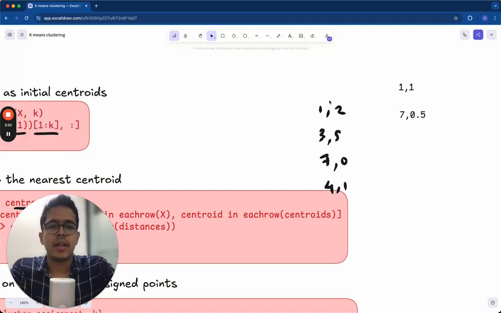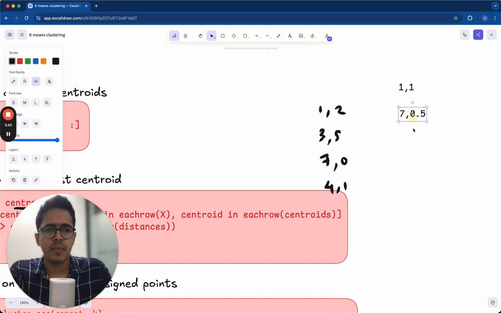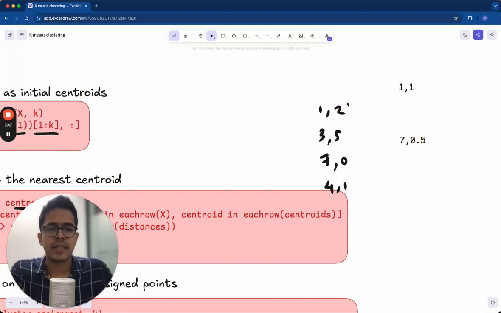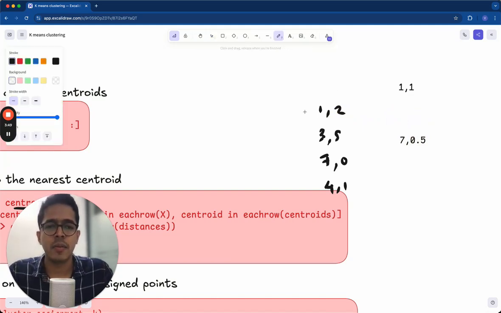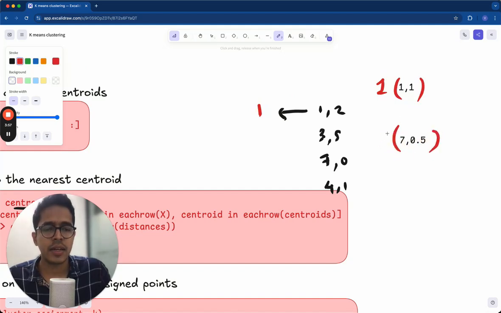Now you can calculate the distance of the point 1 comma 2, x value 1 and y value 2, to this centroid, and the distance is 1. But the distance between this point and the other centroid is very high. So you can say that this point will belong to centroid 1. This is centroid 1 and this is centroid 2.